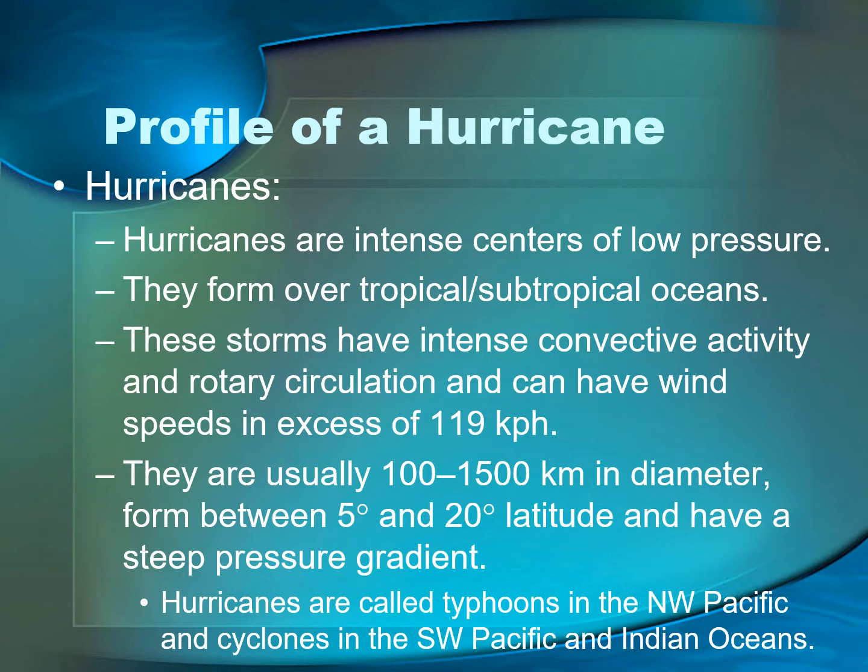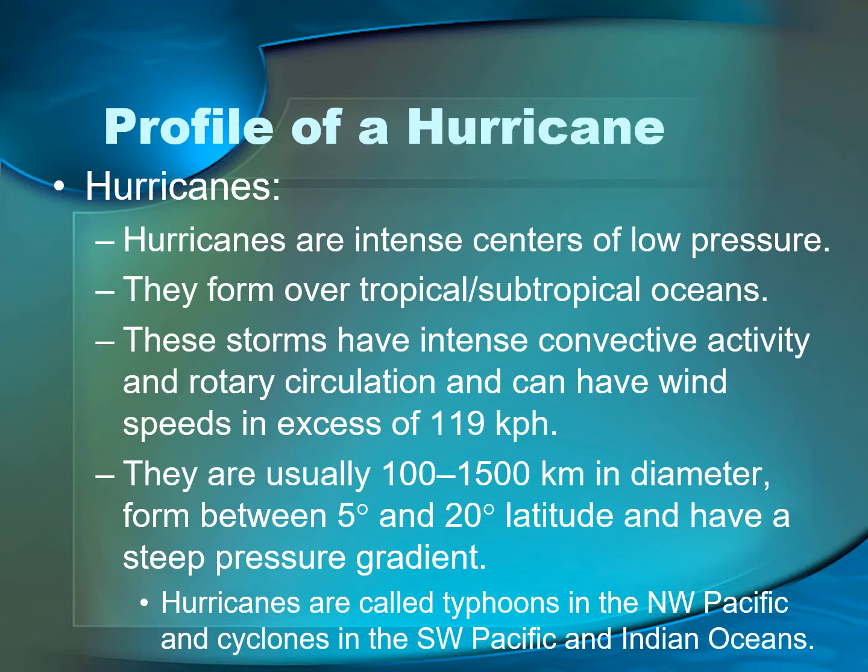These are forming over the oceans, and they're only going to form within a relatively narrow range of latitude north or south of the equator. And of course, these things are going to rotate counterclockwise in the northern hemisphere because they are a cyclone, just like any other cyclone. They're just a lot bigger and they can spread their destruction amongst a lot of people.